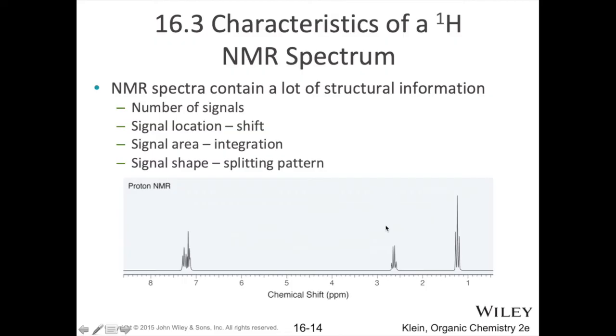We look at where these signals show up on our x-axis, in other words, their chemical shift. It's kind of like wave numbers on an IR spectrum: the location of these peaks tells us something.